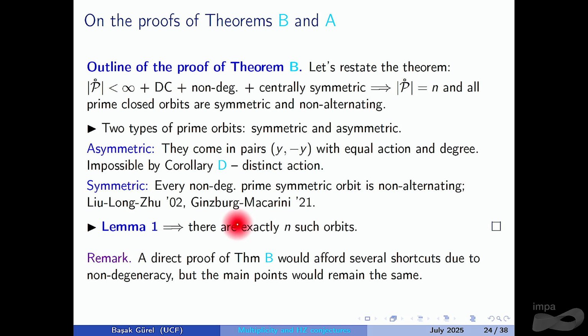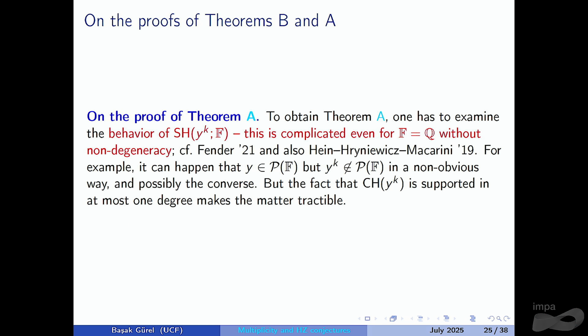But these pairs have equal action and degree, and this is impossible by our theorem C or its corollary D. And then everyone has to be symmetric, and this is an older result of Liu, Long, Zhu, and Victor and Leonardo, that every non-degenerate prime symmetric orbit is non-alternating. So you combine everything with the previous argument, which says that there are precisely n non-alternating orbits. So this is rather the older story.